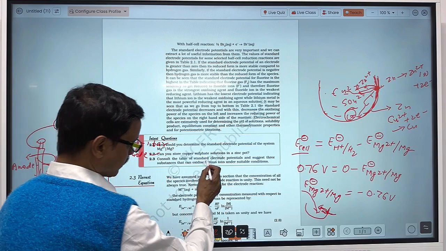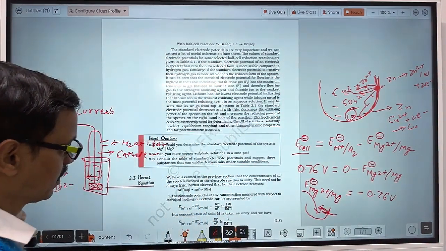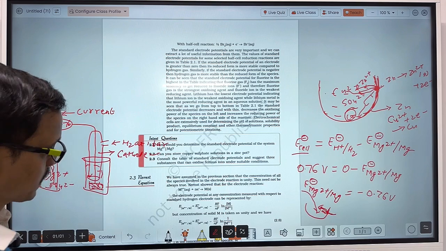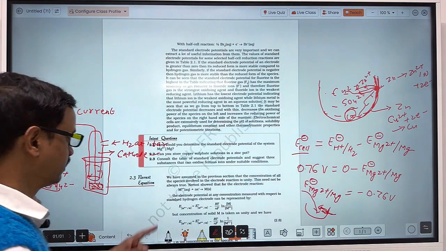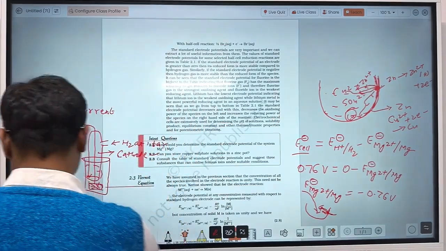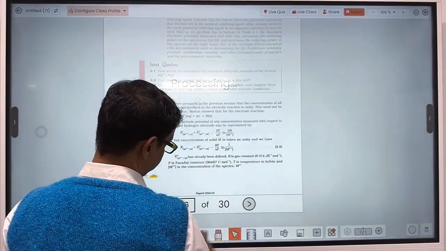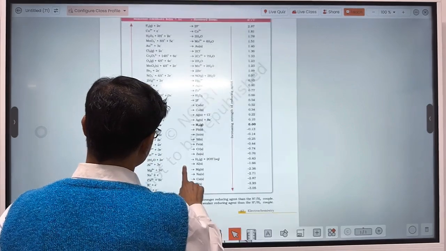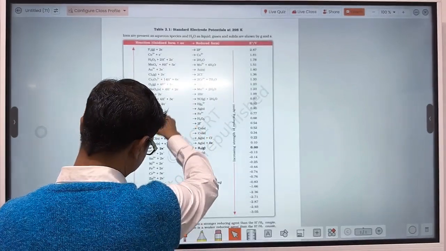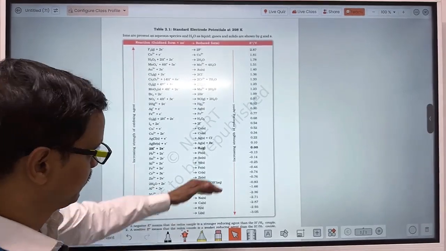Then after this, construct the table of standard electrode potentials and suggest 3 substances that can oxidize ferrous ions under suitable conditions. So let's consult the standard electrode potential. This is the table of standard electrode potentials.